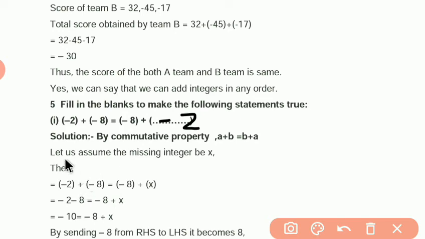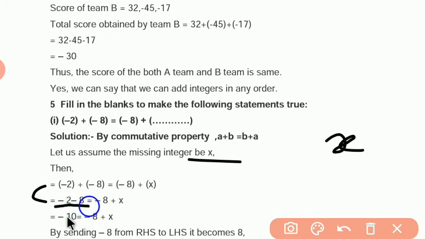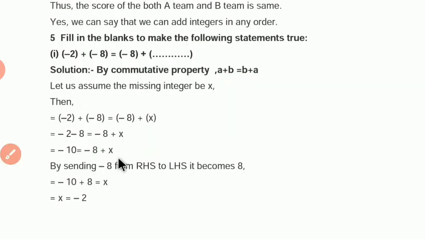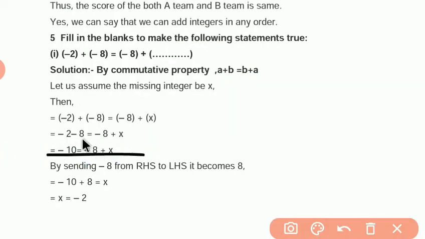Or we can solve this by another method. Let us assume the missing integer is x. In place of the blank we can write x. Then minus 2 plus of minus 8 is equal to minus 8 plus x. Now I'll solve this. Minus 2 plus into minus, minus 8: minus times plus gives minus, so 2 plus 8 is minus 10, equal to minus 8 plus x. Now we have to find the value of only x. It means we have to send minus 8 to the left hand side.